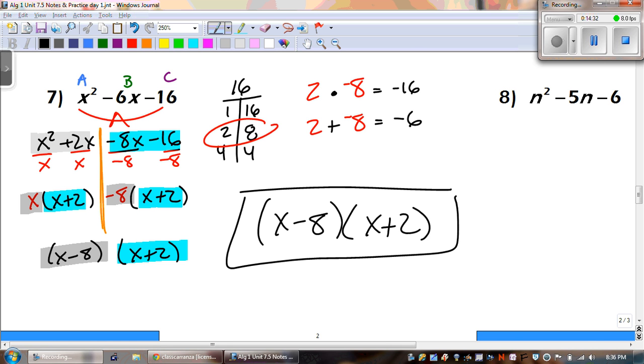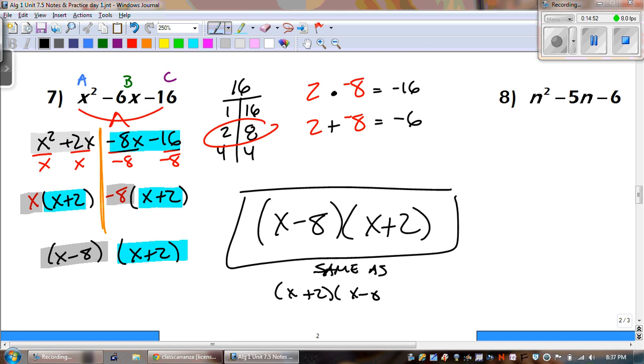The only combination was 2 and 8, and it was 2 and negative 8. So when you factor all that out, you get x minus 8 and x plus 2. Or you could have written that, remember, it's the same as x plus 2, x minus 8. It's the same thing, it doesn't matter.